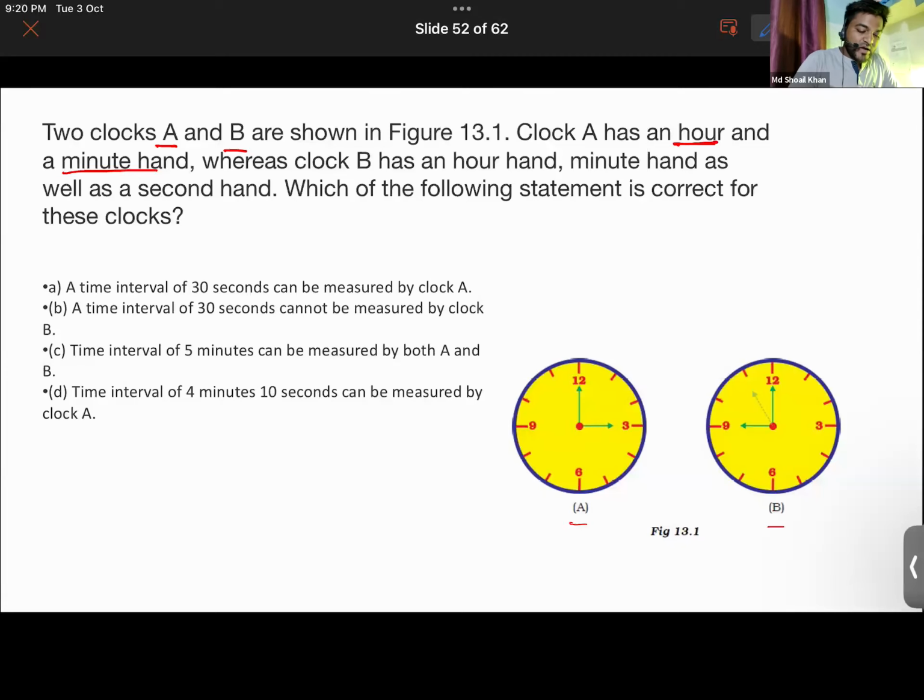Keep in mind that watch A has got only hour and minute hand, while B has got all three: hour, minute, and second hand.